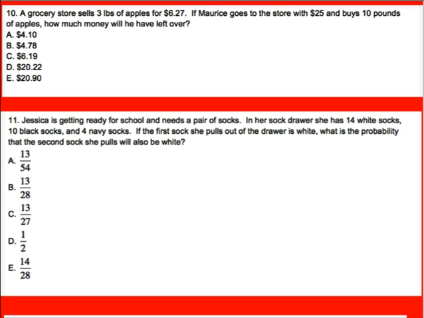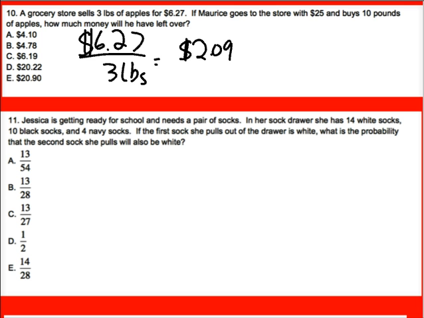A grocery store sells 3 pounds of apples for $6.27. If Maurice goes to the store with $25 and buys 10 pounds of apples, how much money will he have left over? Well, first let's find out how much it costs per pound. So I'm going to divide that to get my cost per pound. When I do that, I get it's $2.09 per pound.